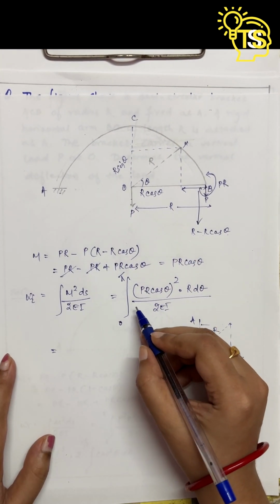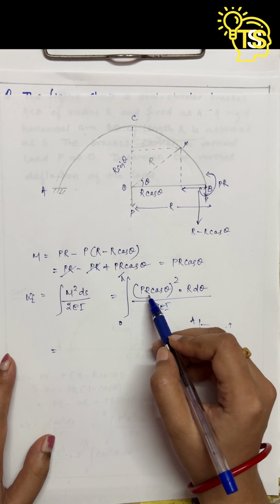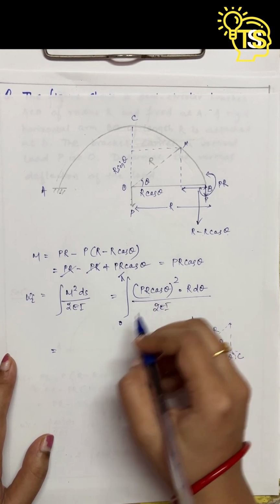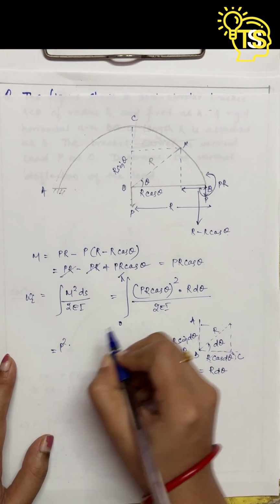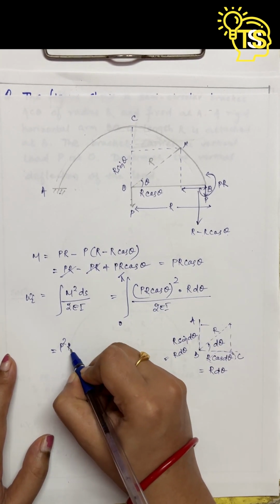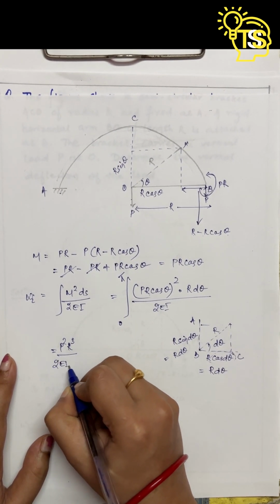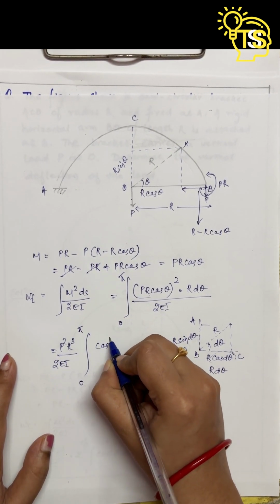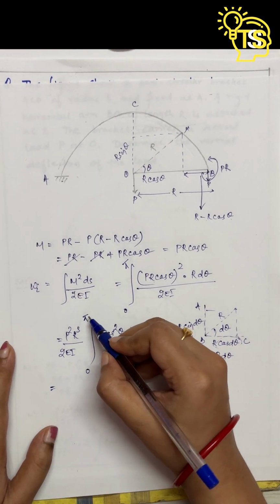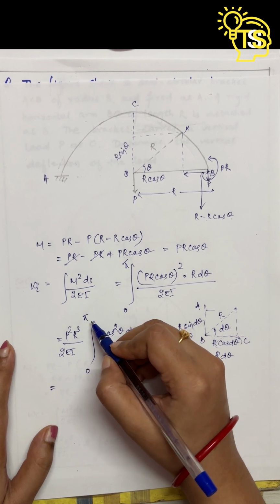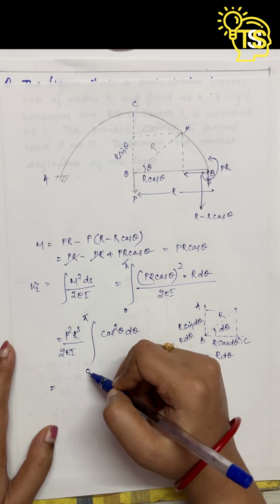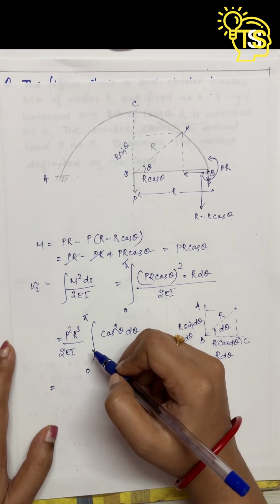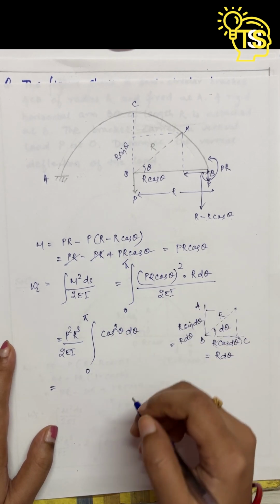Before proceeding with the integration, let's take this Pr and 2EI term outside the integration. So here the value will be P square r square into r, that is r cube upon 2EI, and integration from 0 to pi. What we are left with is cos square theta d theta. Now let's replace this pi with pi by 2, and when we convert from 0 to pi by 2, we have to multiply a 2 onto the integration.